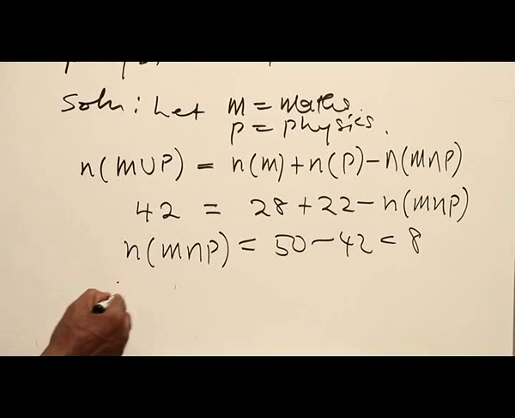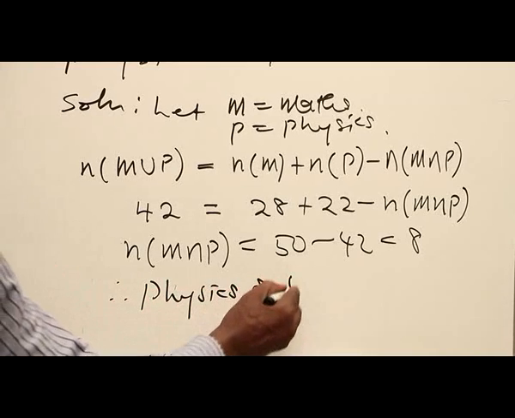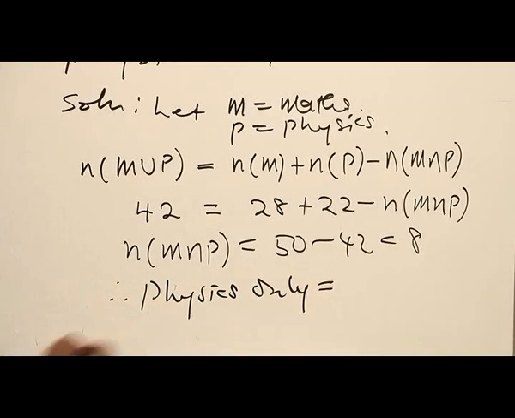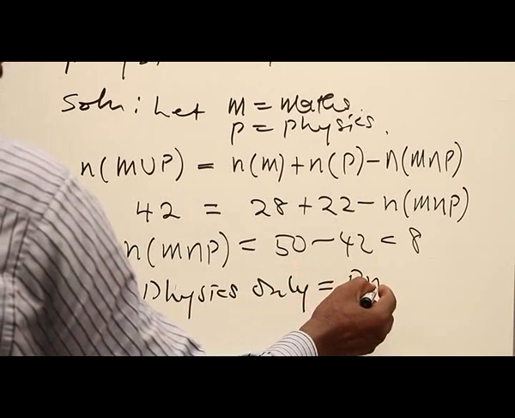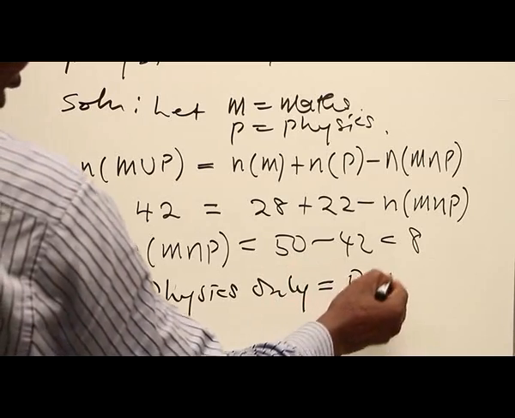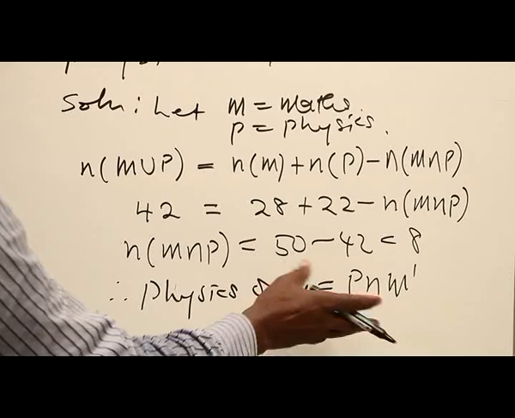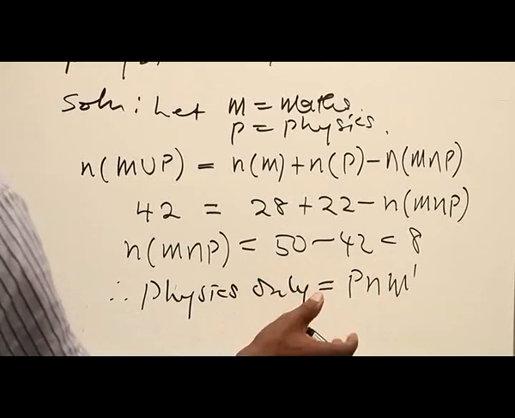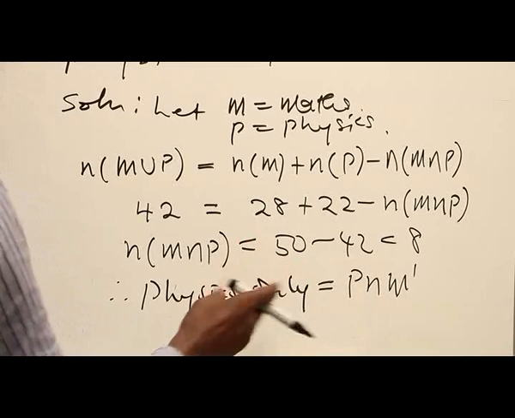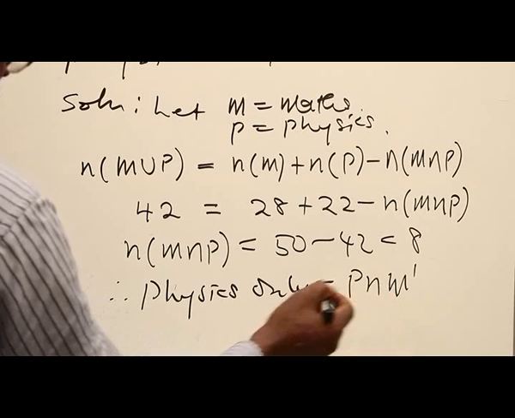Therefore, physics only will be equal to physics intersection mathematics complement. So no mathematician is there as far as this case is concerned. Nobody that is offering both maths and physics should be there, only those who are offering physics, hence the algebra is of this format.